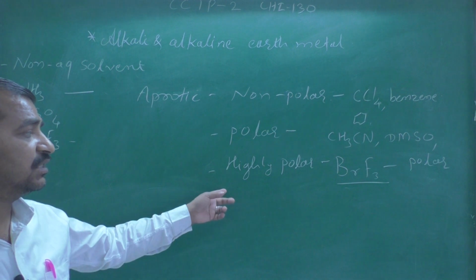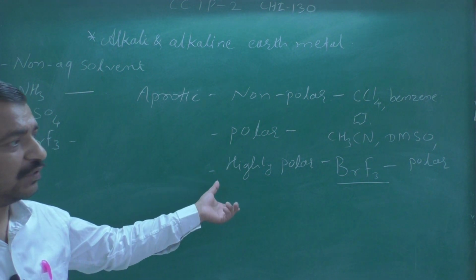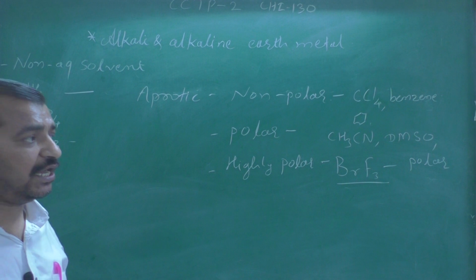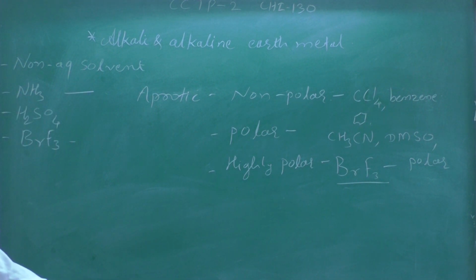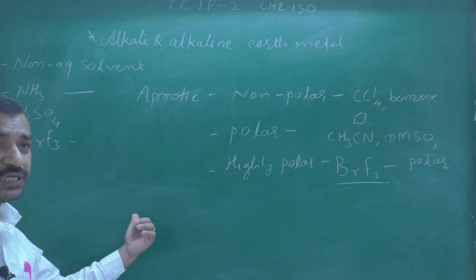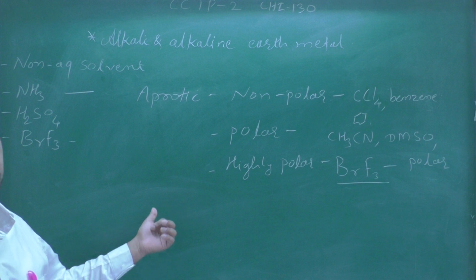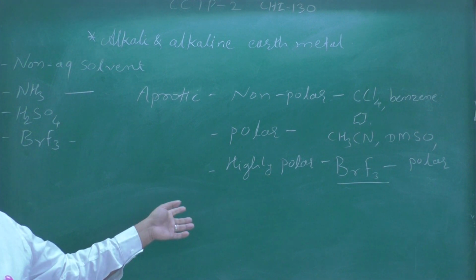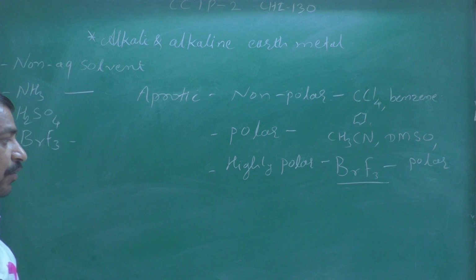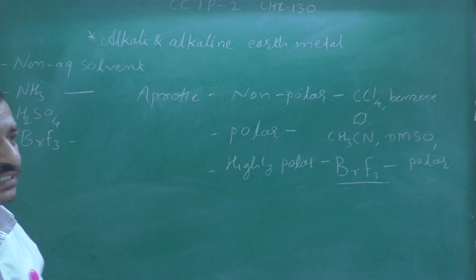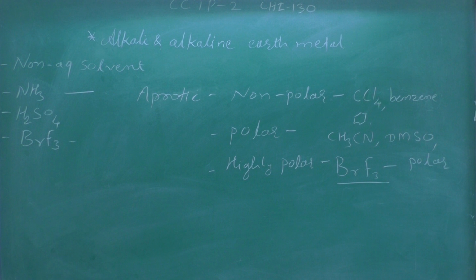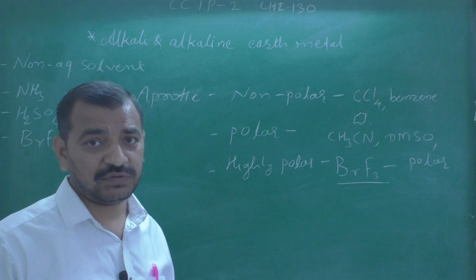Third has both properties: it is highly polar as well as highly ionizable, and it acts as an acidic solution, in which case it transfers only fluorine to form complexes. And in the second example, AgF or potassium chloride donates chloride to form a basic solution. So these are the properties of non-aqueous solvent media.